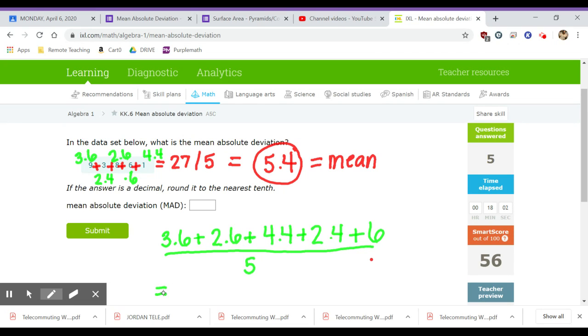Okay, typing these in. 3.6 plus 2.6 plus 4.4 plus 2.4 plus 6. That gives me 19 divided by 5. That gives me 3.8 for our mean absolute deviation.